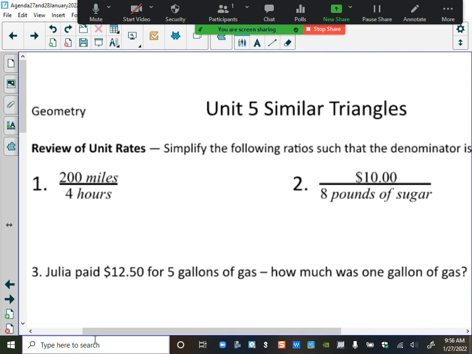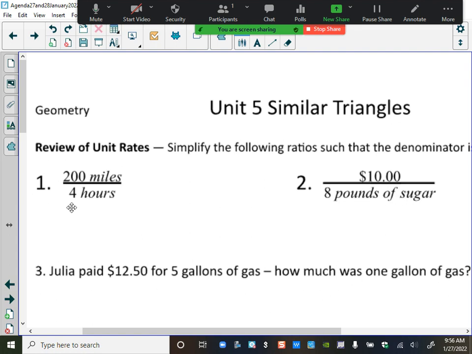All right, so the first two, it's not that bad, because with the unit rate, you're just dividing the two numbers. So for instance, 200 miles in 4 hours. What would be the unit rate? You just divide. 50 miles in 1 hour. 50 miles per hour or 50 miles for 1 hour? That's all that's going on right now.